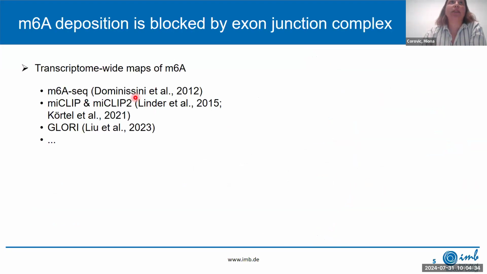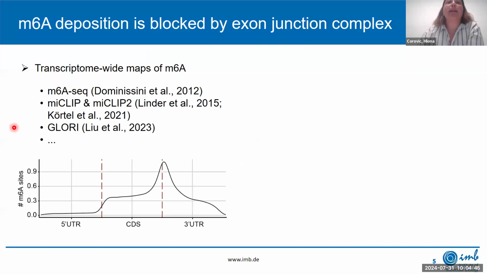In the last 15 years, a lot of groups have made efforts to map M6As at varying levels of specificity. There is this meta profile that always comes up, where we have enrichment of M6A around the stop codon, while it's a bit restricted in the CDS.